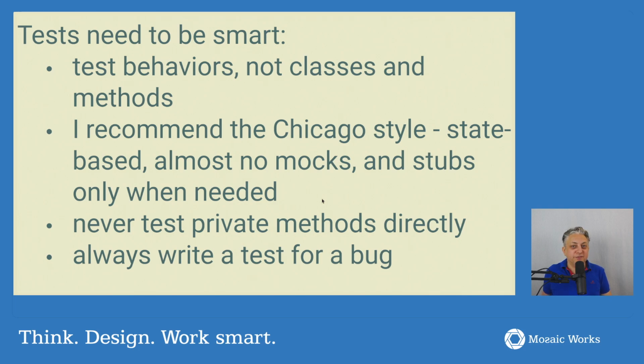Why? Because it's very likely that you will repeat the mistake, and you might have regressions later on. Maybe somebody will do a wrong merge or something, and you will end up with the older version, but you still have the tests. Okay?